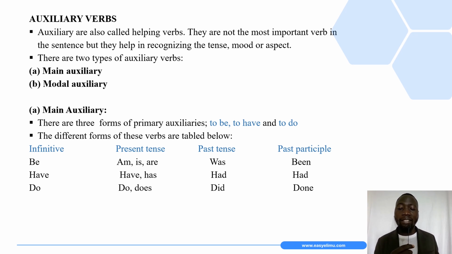Then the second one, we have the form of the verb to have, and the third and the last, we have the form of the verb to do. So the three different forms of these verbs are listed below. They are tabled below.